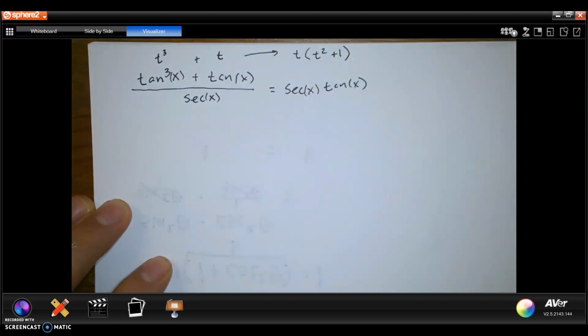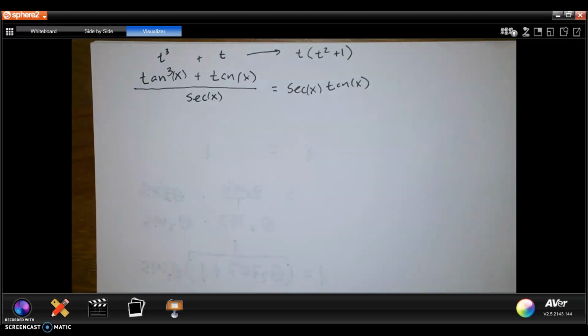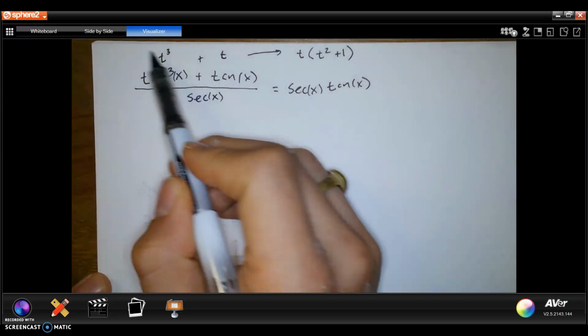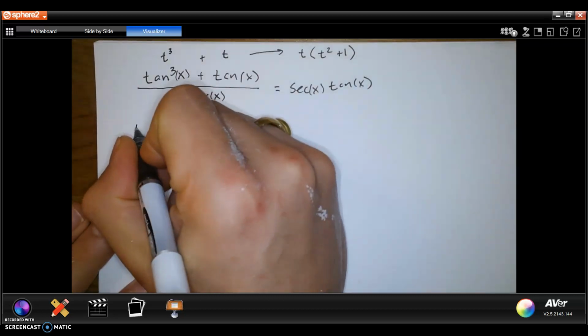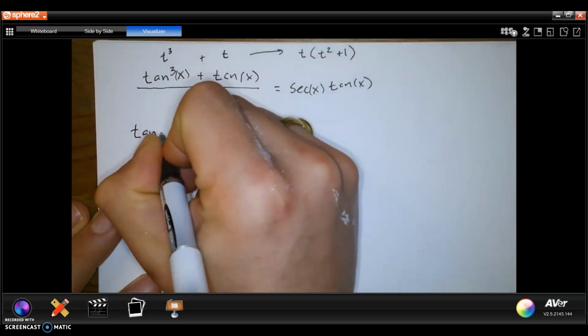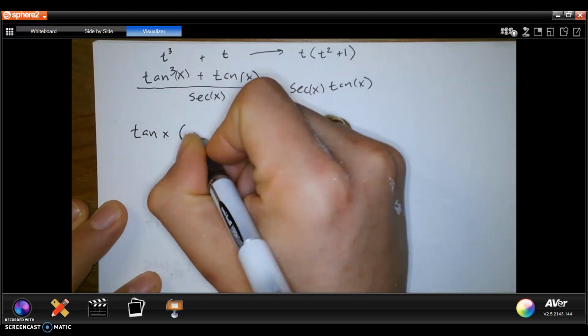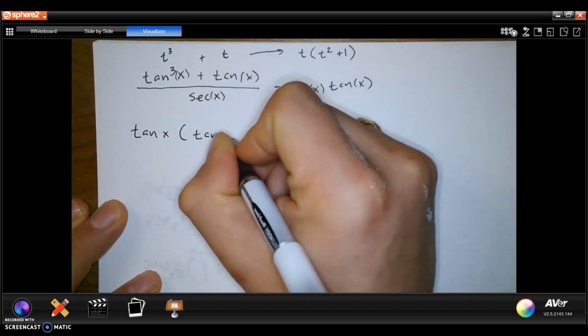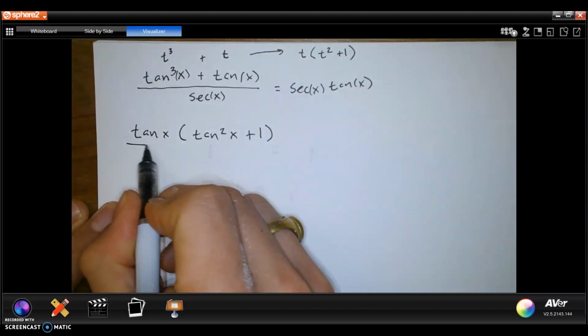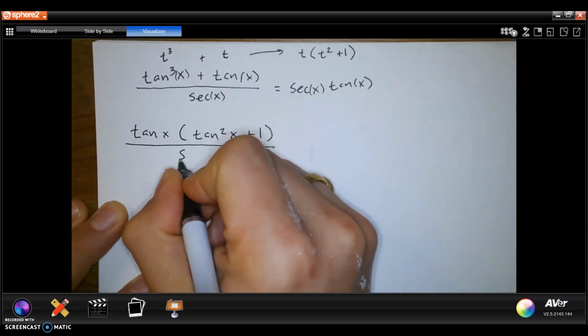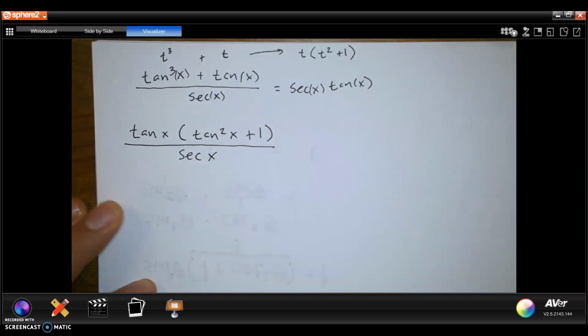That's GCF factoring, kind of like reverse distribution. I took out a tangent from both of those expressions. Like so, GCF factoring, doing a little bit of algebra, can make this pretty simple.